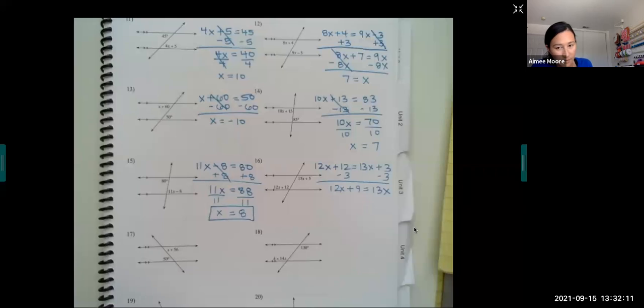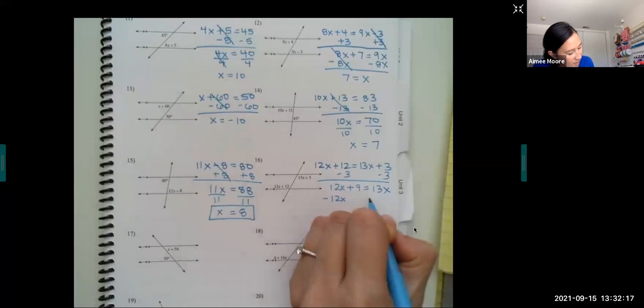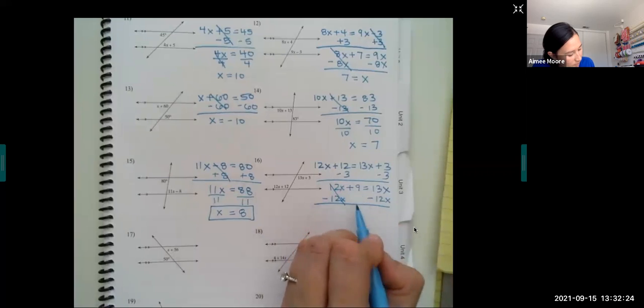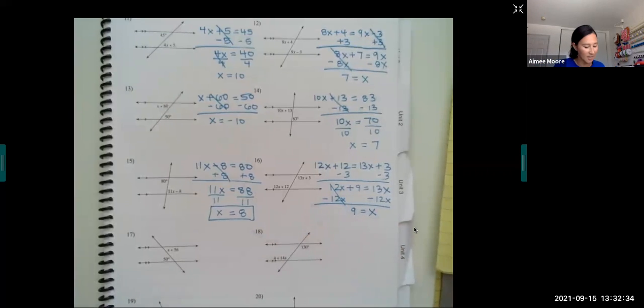And then do 12 from each side? Yes, exactly. Very good, Dakota. Okay, and then 12 from each side. Yep. So we still have 9 equals 1x, which is just x. X equals 9. Okay. Thank you, Dakota.